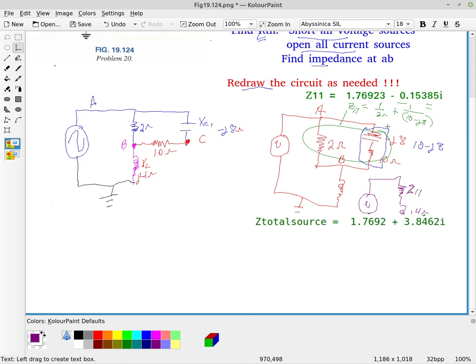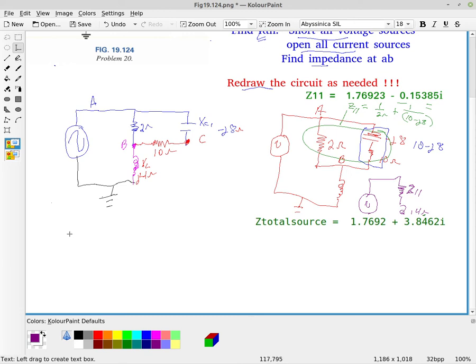Or we could find the current through the capacitor and subtract the voltage to find VA. However you want to do it. Basically, Thevenin is the voltage right here at point C, so we have to go back through and find that.